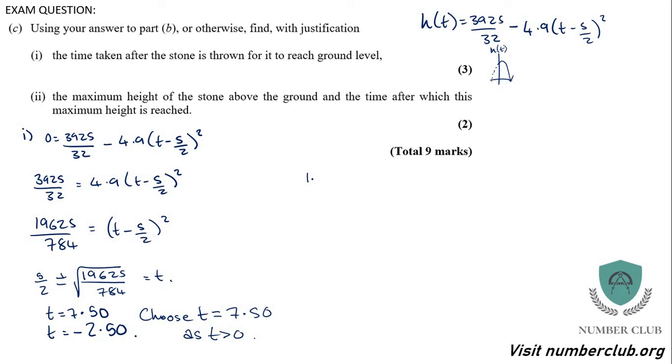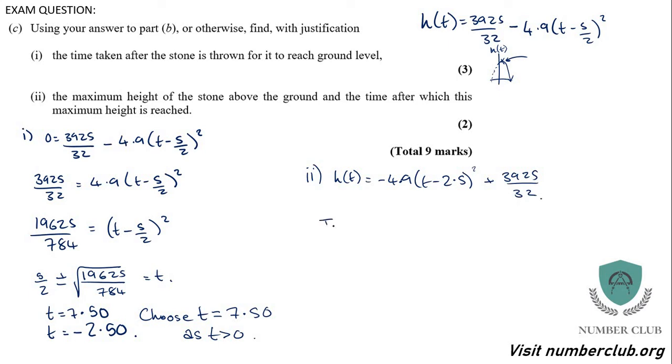All right, moving on. We had find the maximum height of the stone above the ground and the time after which this is achieved. Now, it will be the turning point. So take a look at what we've got up here. We've got h of t is equal to negative 4.9 lots of t minus 2.5 all squared plus 3925 over 32.